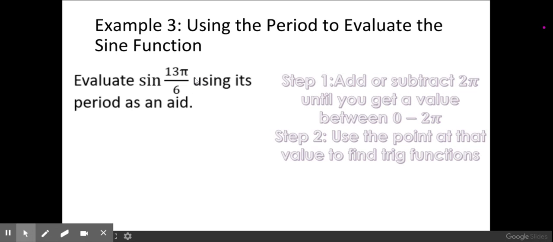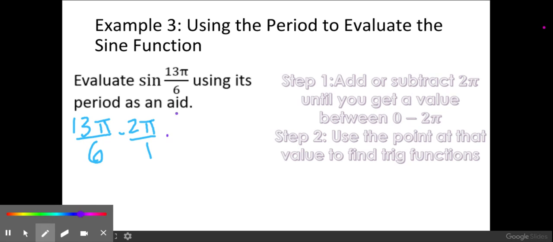But we're going to use that if we have a number that is maybe too big. So 13 pi over 6. Here, instead of adding 2 pi like we did for the negatives, we are going to subtract 2 pi. Your first step is add or subtract 2 pi until you get a number on the unit circle. So here we have 13 pi over 6. We're going to subtract 2 pi over 1.